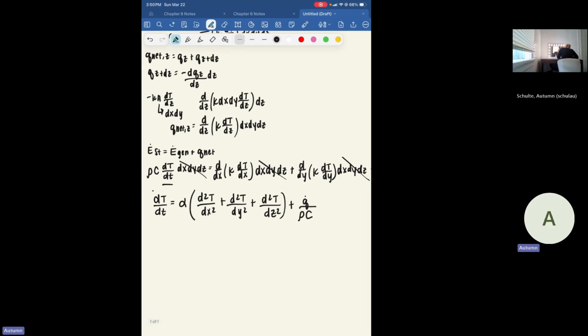And that is the heat diffusion equation working with 3D, 3 coordinates.